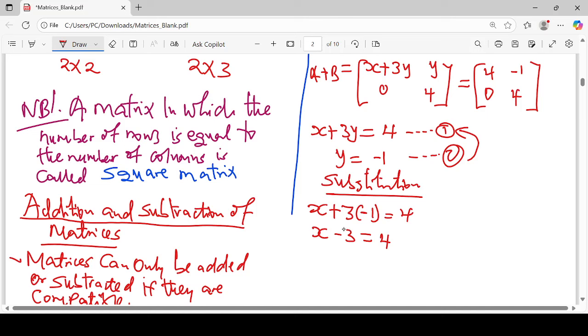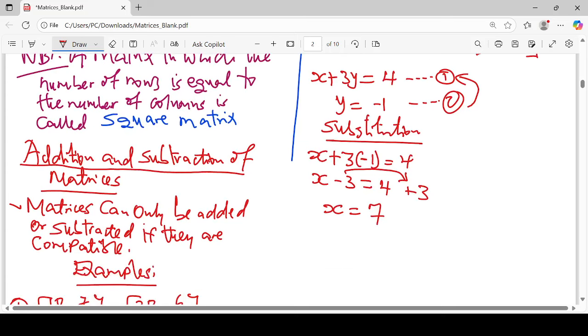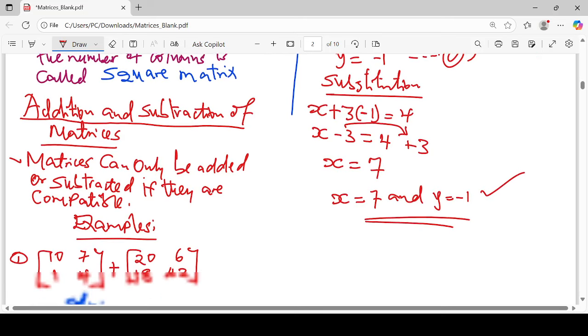Collecting like terms, -3 crosses to the right hand side and becomes +3. So I'll be remaining with x being equal to 4 plus 3, which is 7. Remember we already have y as -1. So your solutions will be x is equal to 7 and y is equal to -1. That is how you respond to such a question.